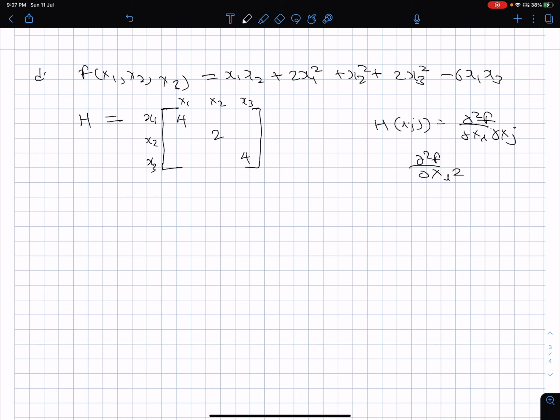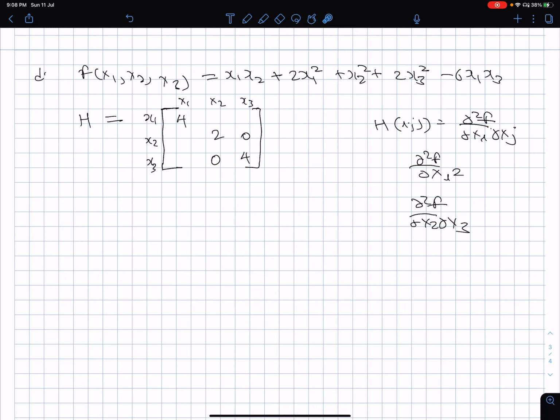Now, this is a quadratic function, so all others are interactions between x1, x2 and x1, x3. It could also have been an interaction between x2, x3, but the x2, x3 interaction is missing here. Since the x2, x3 interaction is missing, I can immediately say that the 2, 3 entry, which indicates del square f with respect to x2, x3, and similarly the 3, 2 entry will be 0. This matrix is anyway symmetric.